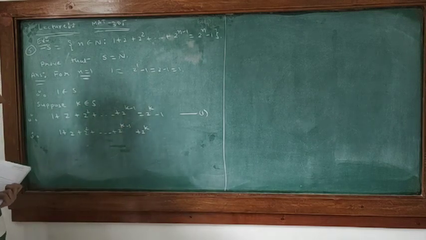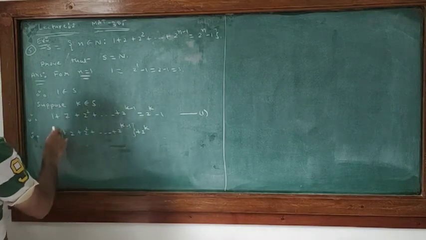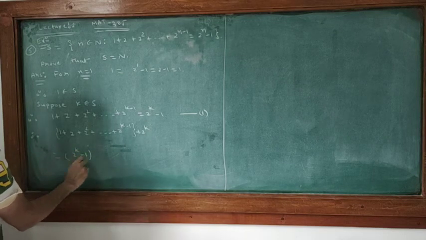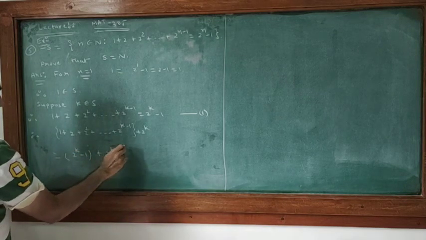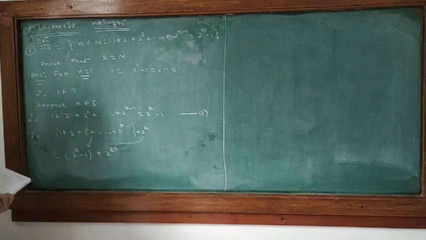okay, one term off. Now this is equal to 2 raised to k minus 1 plus 2 raised to k, and this is due to equation number 1.